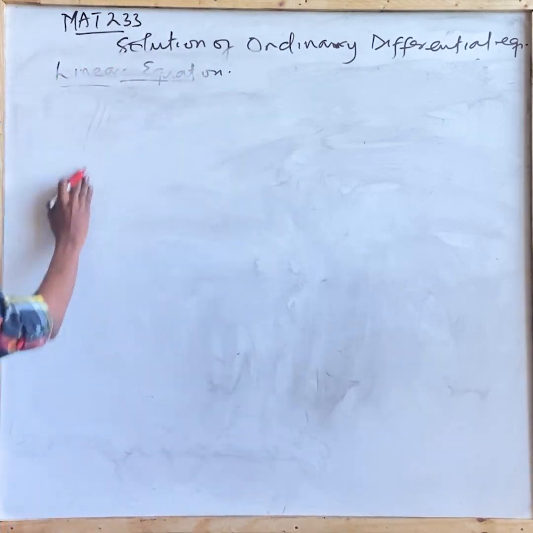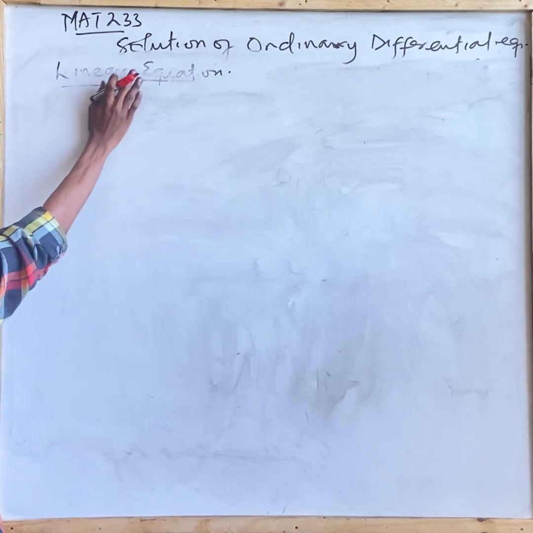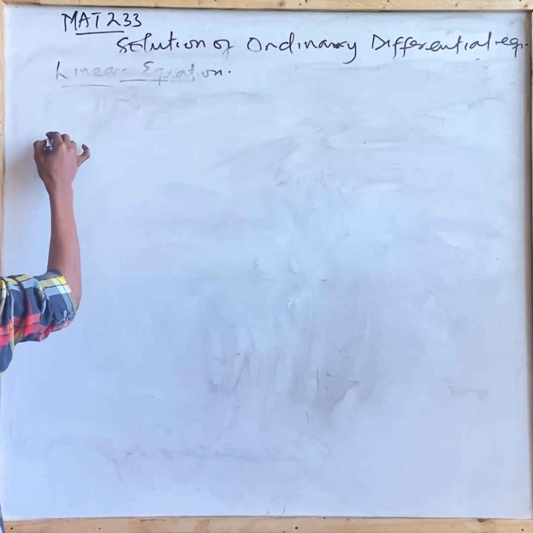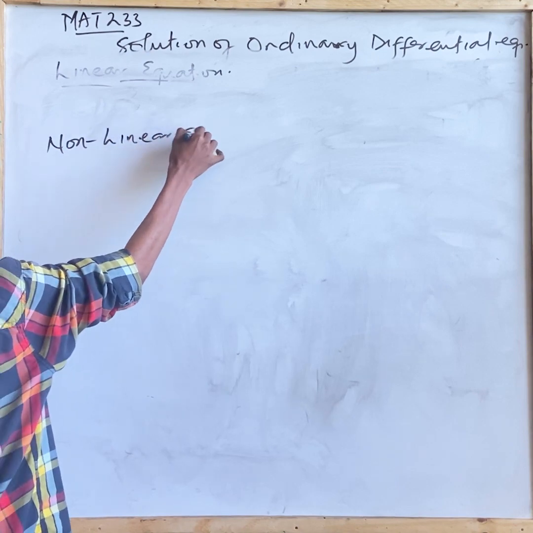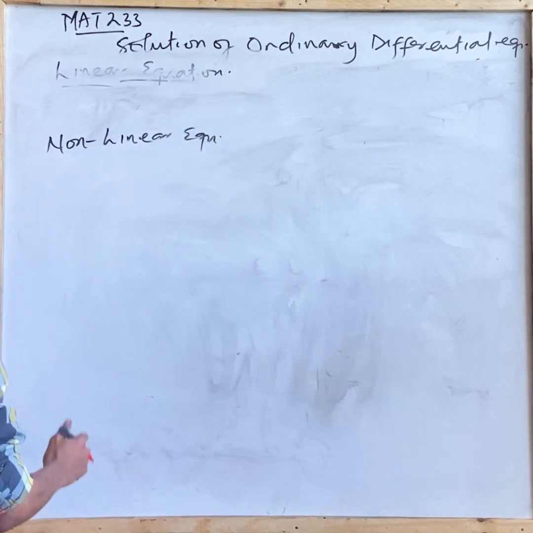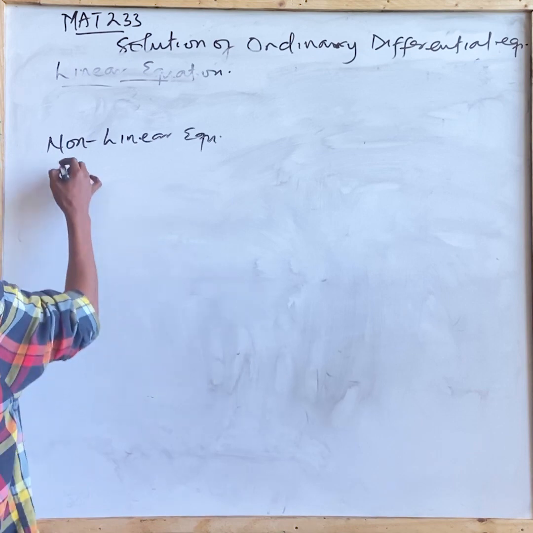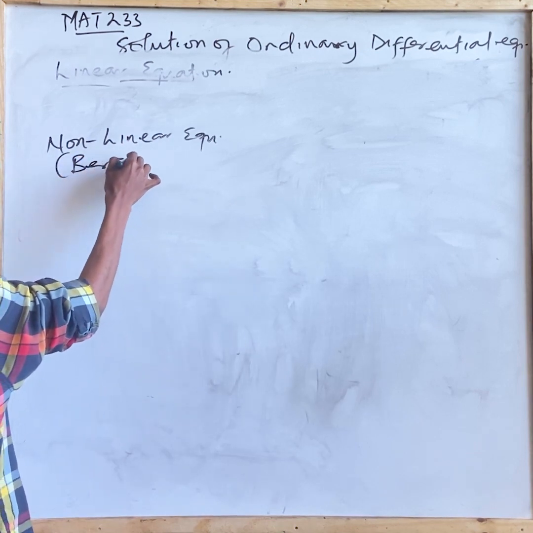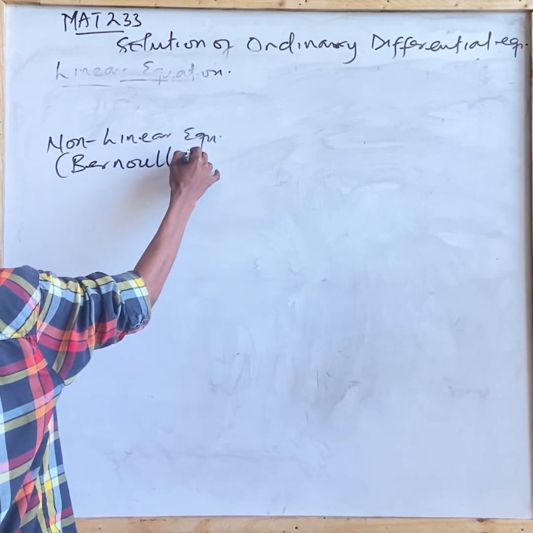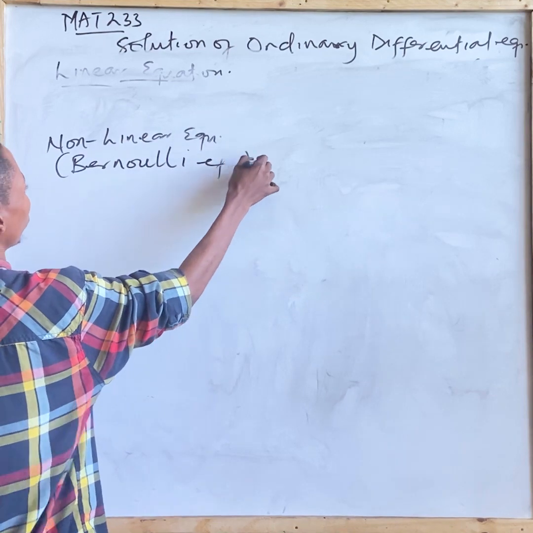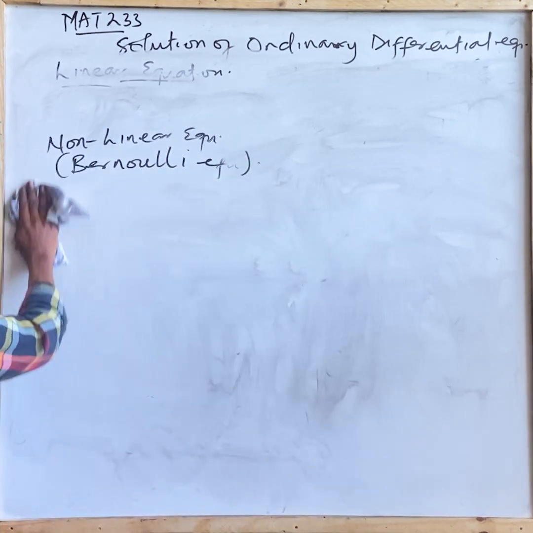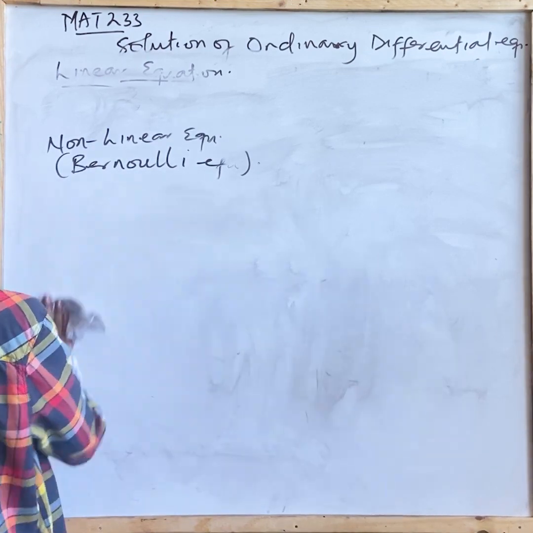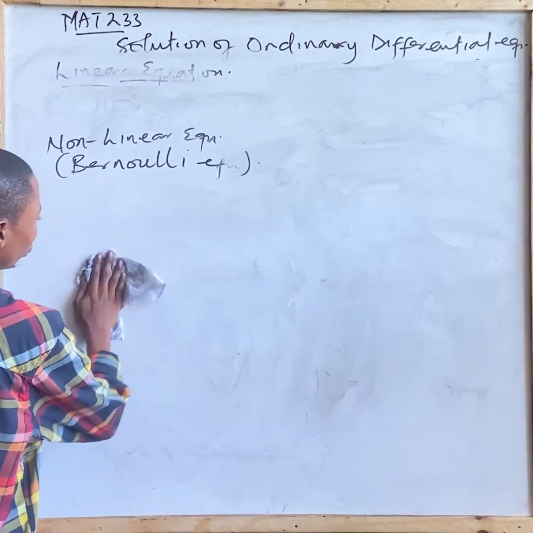So the next aspect of differential equation is the non-linear equation, also known as a Bernoulli equation. So how does it go? It's just like the advanced version of a linear equation.